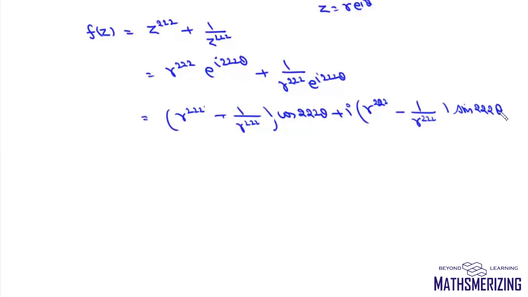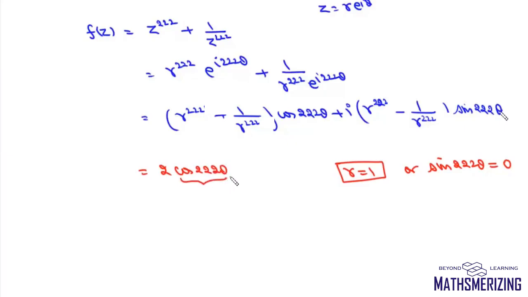Now it says f(z) is a real number. It will be real if this imaginary part is 0, and if we put it equal to 0, then either the value of r is 1 or the value of sin 222 theta will be 0. If we take r as 1, we'll get 2 cos 222 theta, and this cosine expression can be positive or negative.